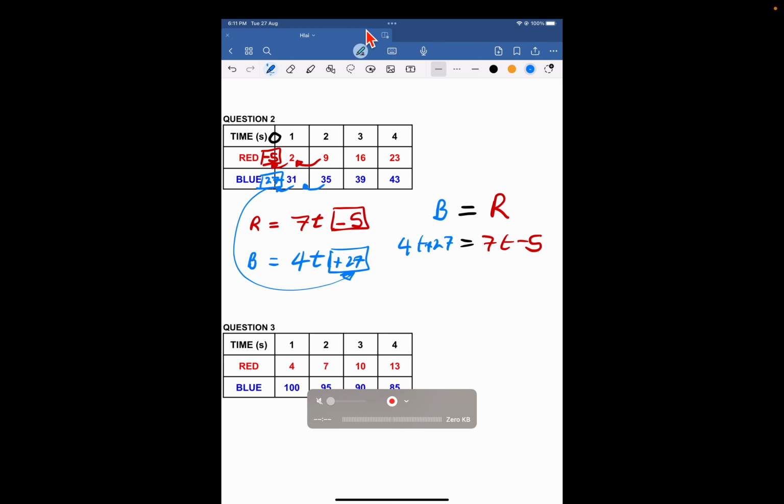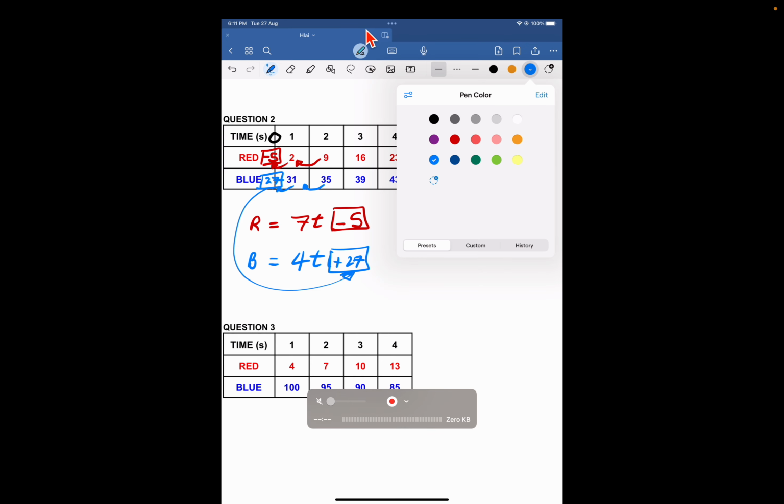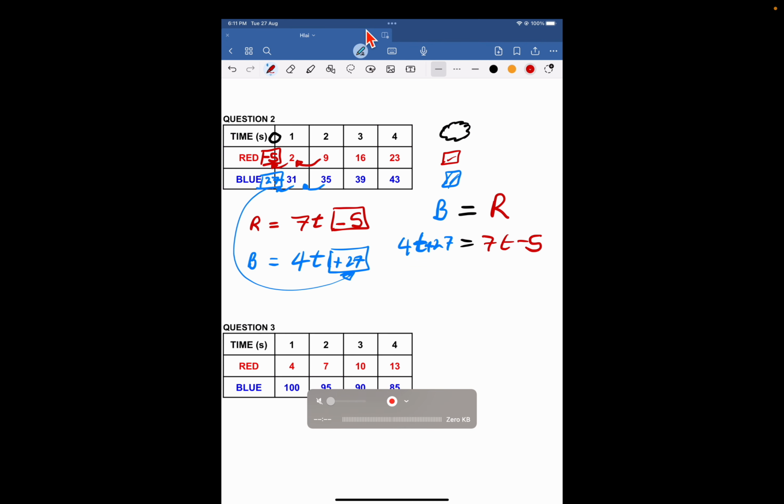So is there a particular t value here that will give a particular blue number and the same red number? So we want these to be the same. That's what we're trying to do with setting this up.